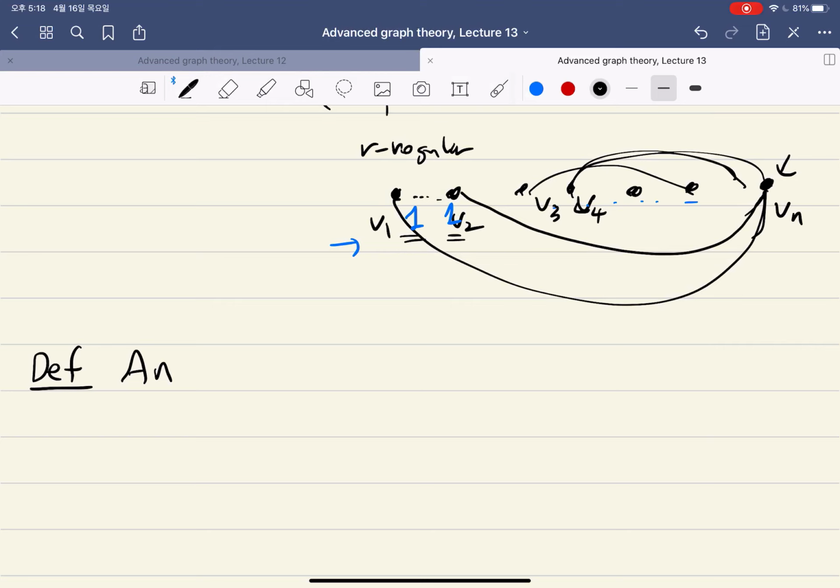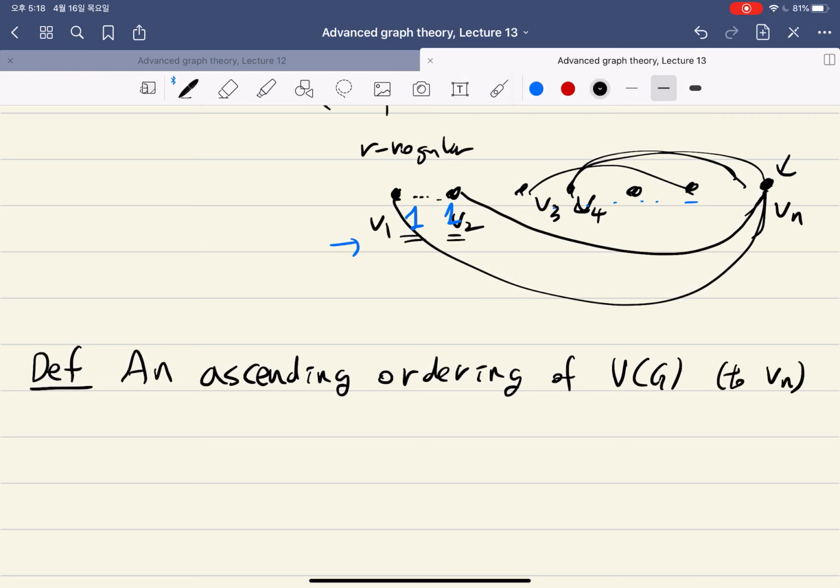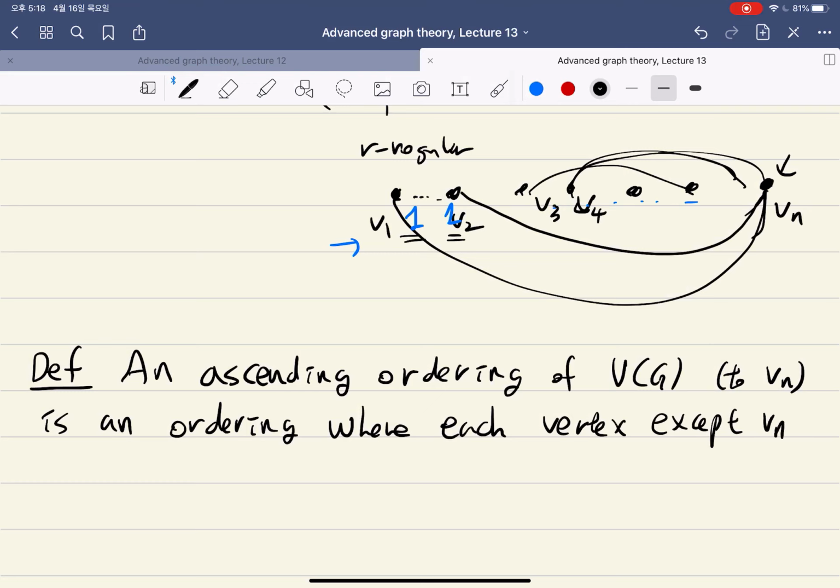We say an ascending ordering of the vertices of G, say v1 to vn, is an ordering where each vertex except vn has a higher indexed neighbor.